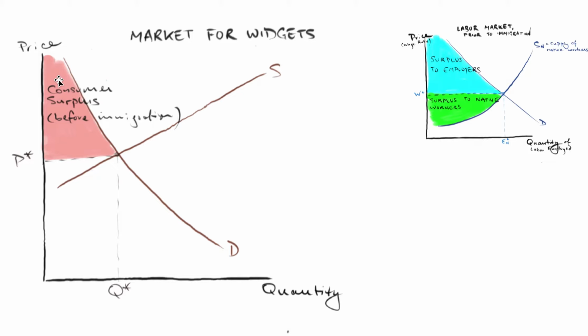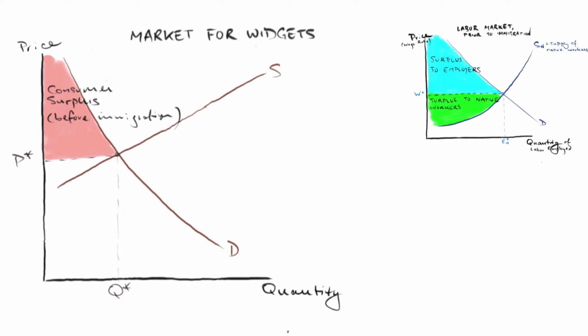Okay, and I'll show in just a minute, with immigration, consumer surplus increases. Remember, consumer surplus is a measure of the benefit that the purchasers of widgets, the consumers of widgets, get. Okay, so this is all prior to immigration.